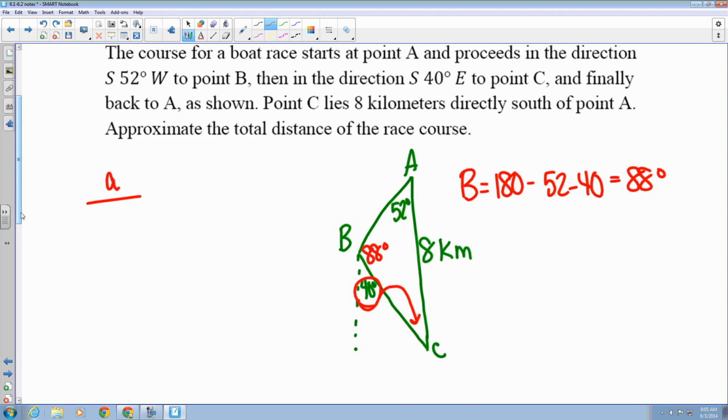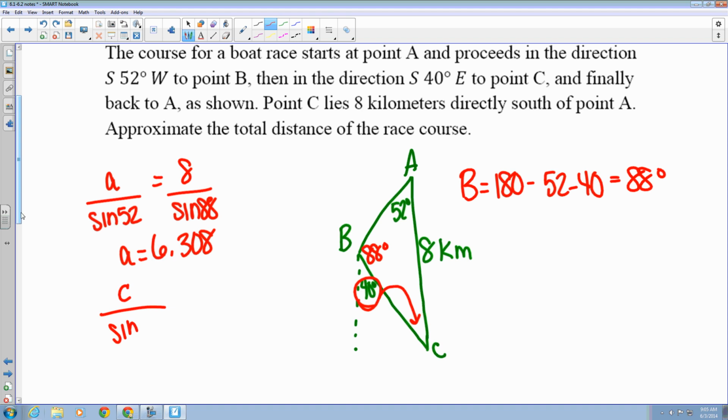Let's just start with side A. It is .308, and side C is 5.145, and what we're trying to do is find the length of the whole course.